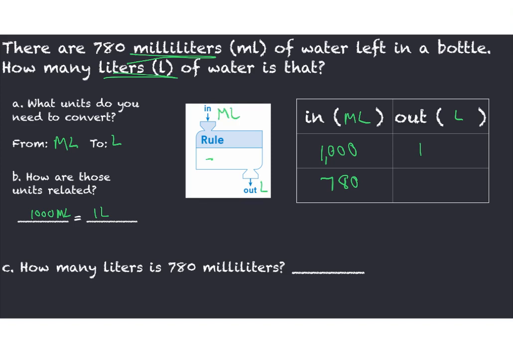My rule is to divide by 10 to the power of 3. So I'm going to divide 780 by 1,000. So I'm going to move my decimal 1, 2, 3 places to the left. And so my answer is going to be 780 thousandths. So how many liters is 780 milliliters? It's 780 thousandths of a liter.